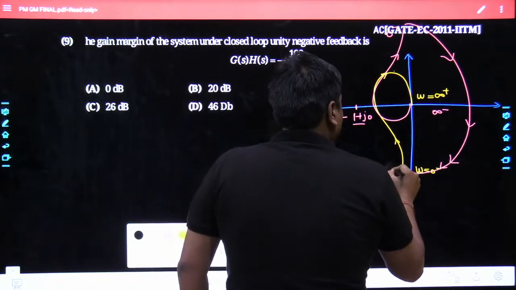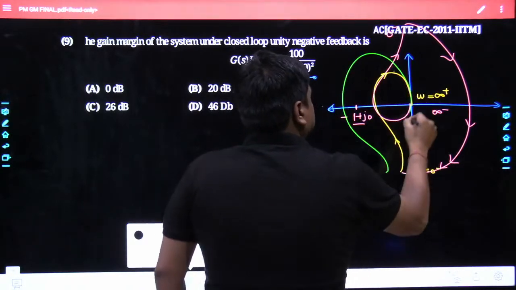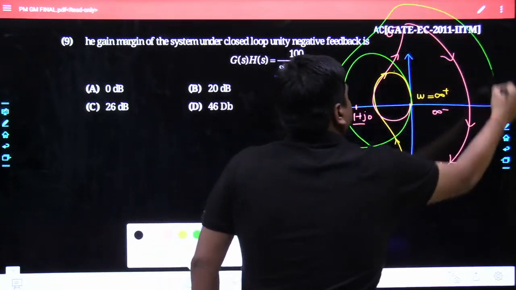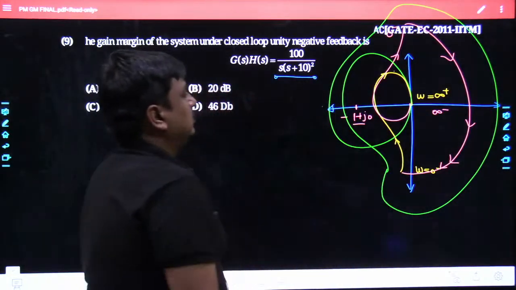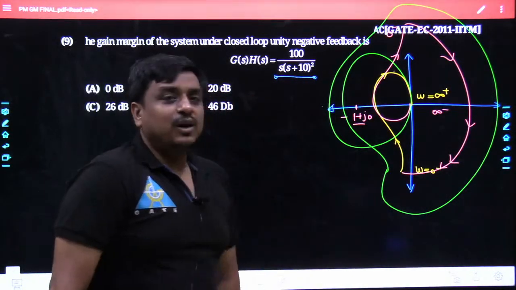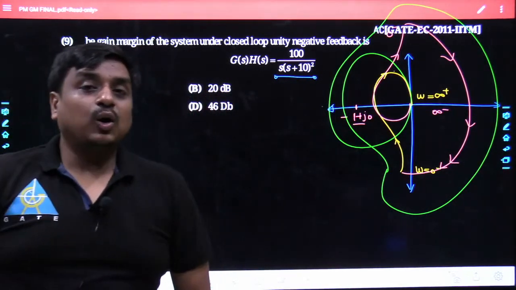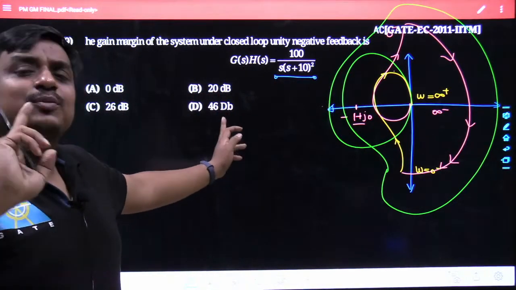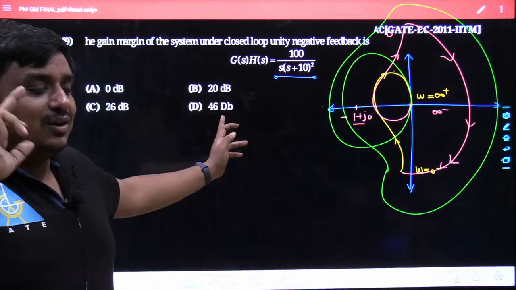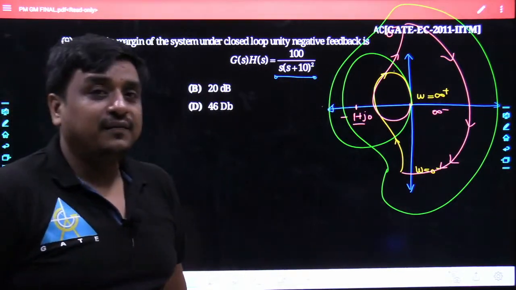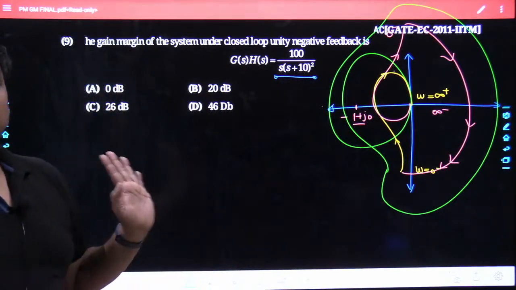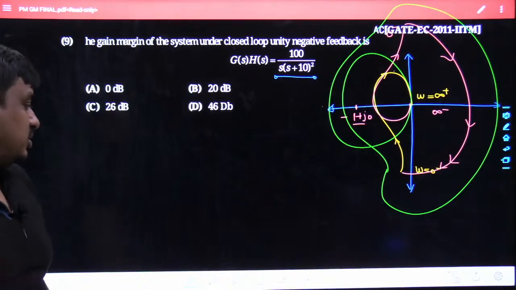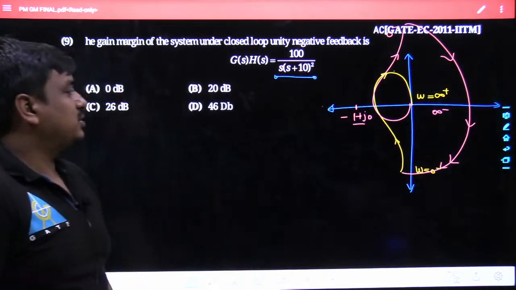The structure may look like this also. And you can see very well the minus 1 plus J0 got encircled. It is a special category of the problem where the phase margin is also going to be a finite value, gain margin is also going to be a finite value. Agreed? Nobody should have any doubt as such.